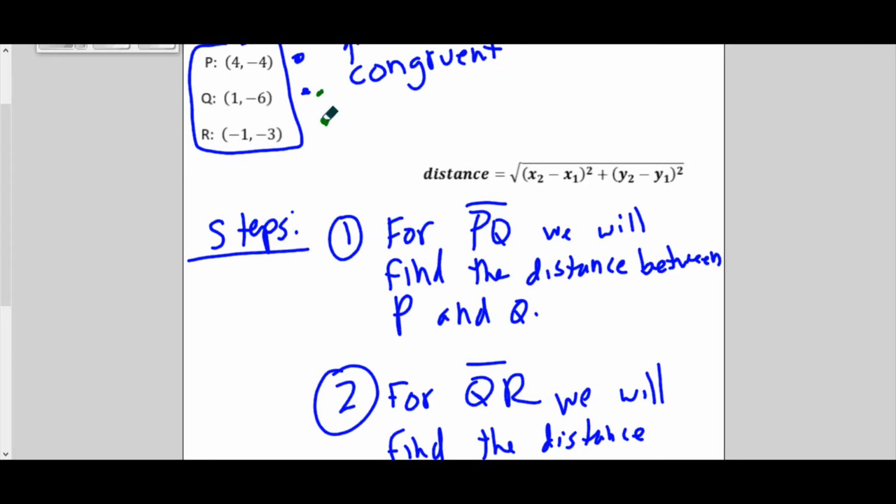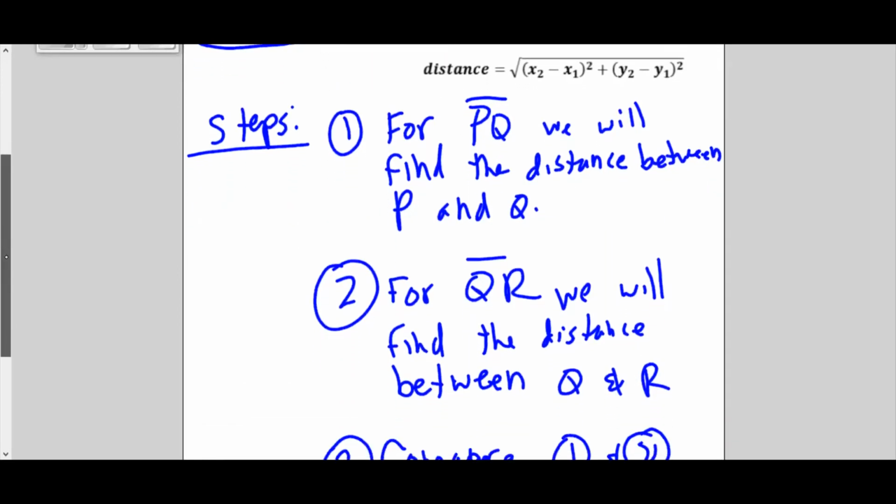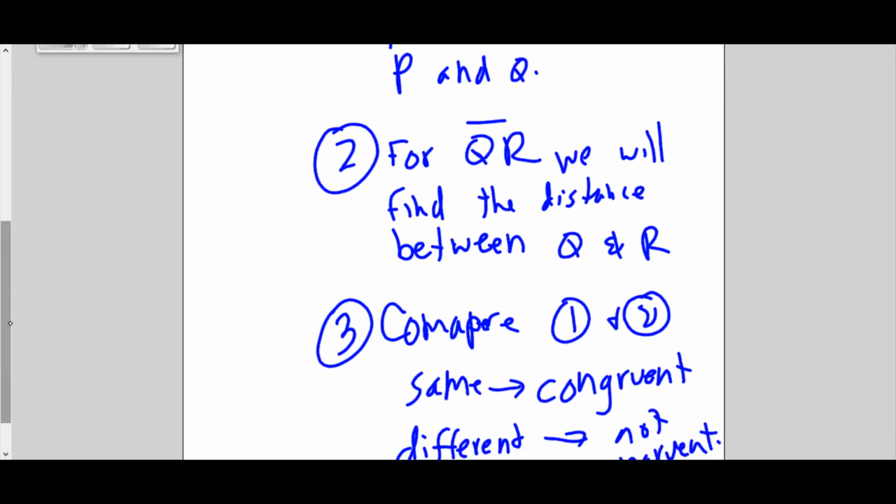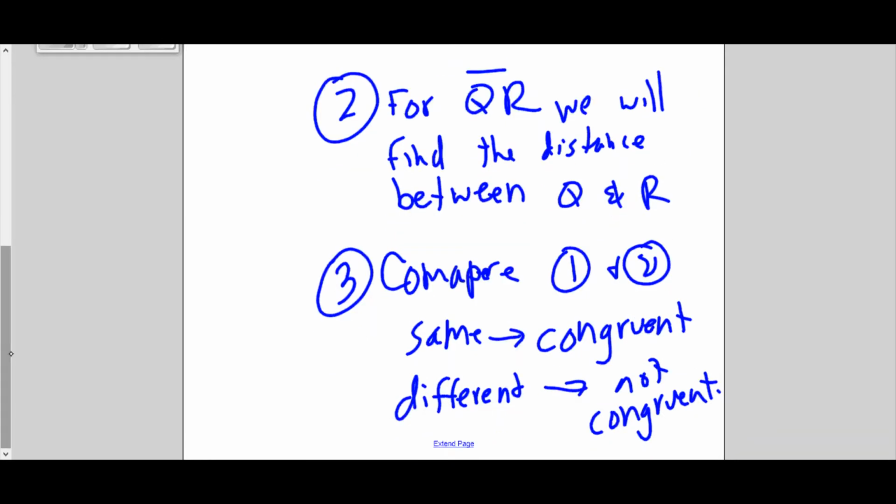Lastly, we're just going to compare the answers that we get for the first two. If they're the same, it means that the lengths are congruent, the lengths are the same. If the lengths aren't the same, then they're not congruent because the lengths are different.